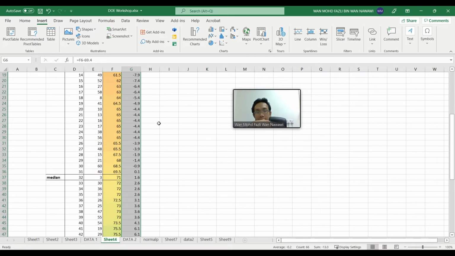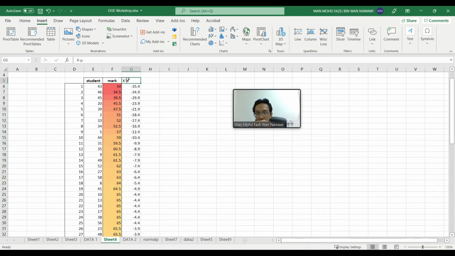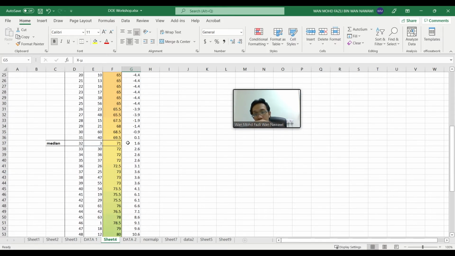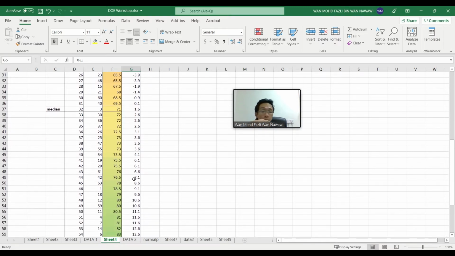Okay, you can see when you do x minus mu here, let me put it in the middle and make it bold. You can see some are negative and some are positive, so that's why you need to square this.